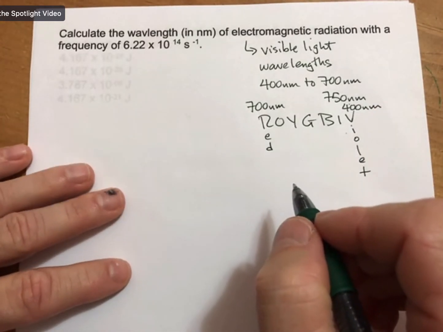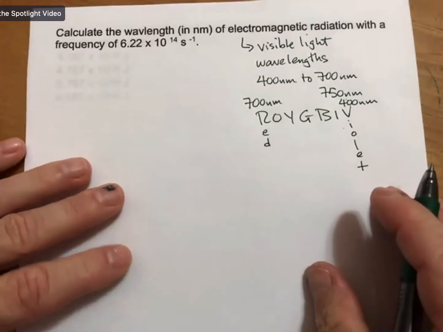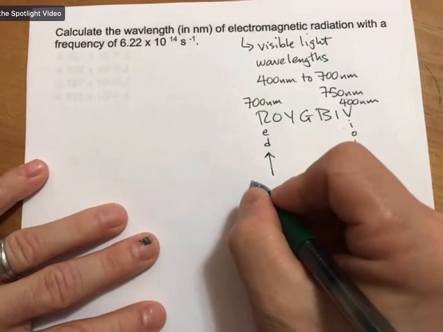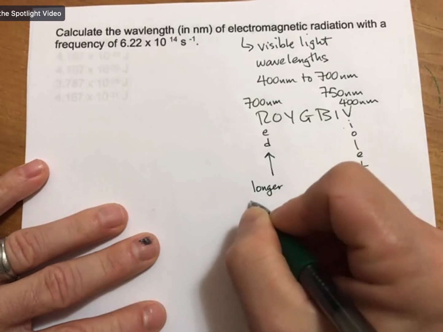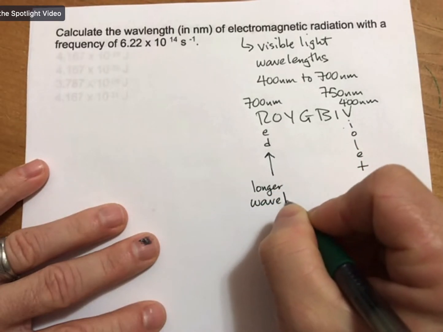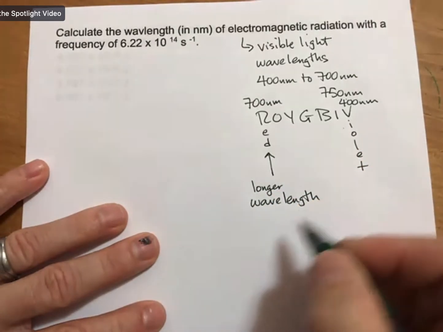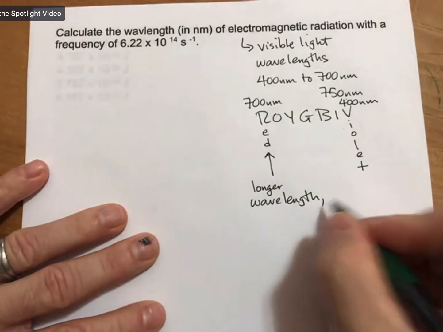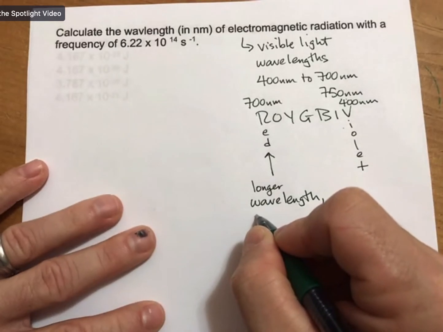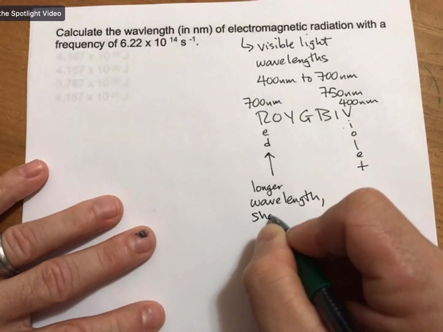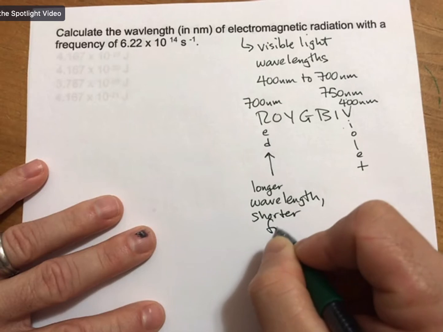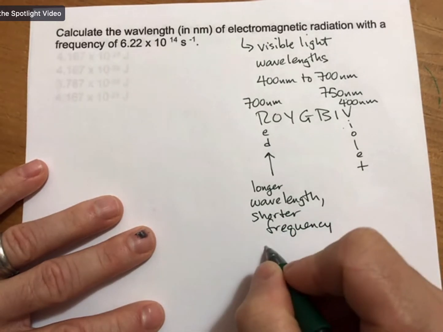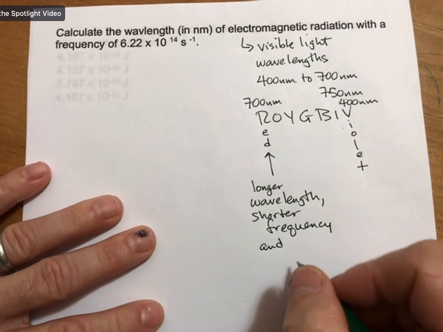And what you have to know about this, although it doesn't enter into this problem, is that red light has longer wavelength. That much I think is apparent because the wavelength is the number here in nanometers. But it also has shorter frequency, as we'll see, and lower energy.